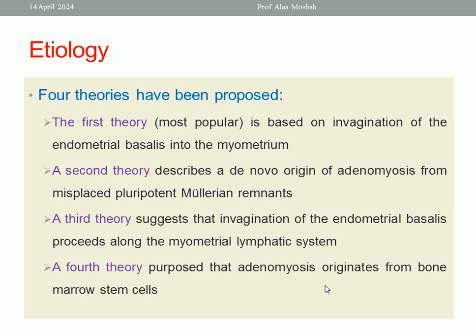So through the vascular lymphatics, the endometrium goes through the myometrium, causing adenomyosis. The fourth theory proposed that adenomyosis originates from bone marrow stem cells. So these are the four theories trying to explain adenomyosis, but up till now, the etiology is not definitely known.